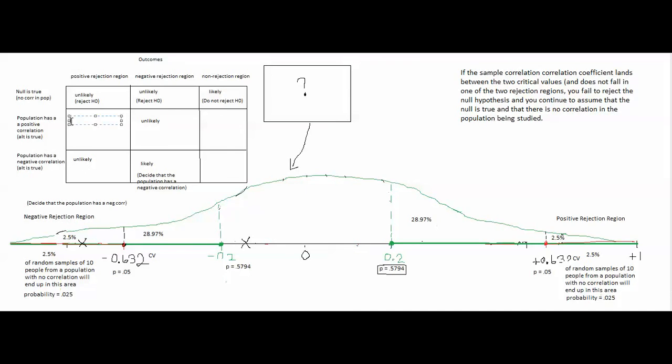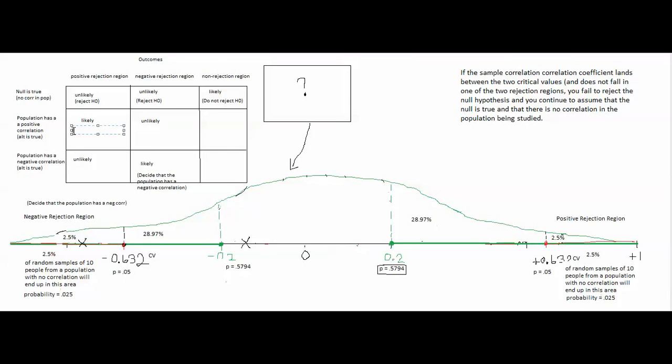But if the population has a positive correlation in it, if there's a positive correlation in the population up here, then our sample is likely to end up in this positive area out here in the positive rejection region. Or it's at least more likely to happen than it would be in the other two possibilities.